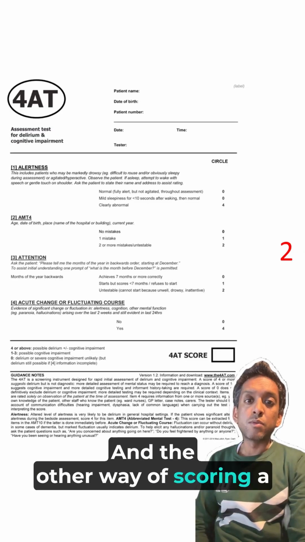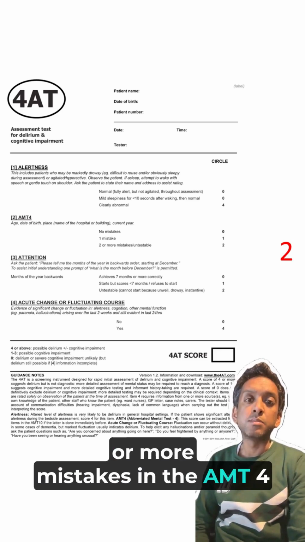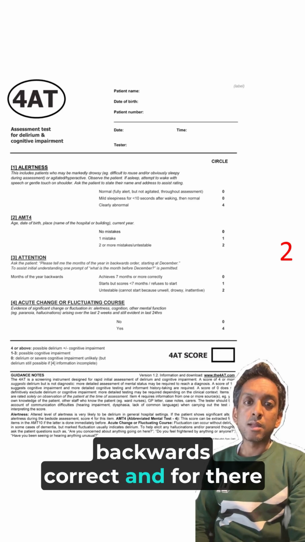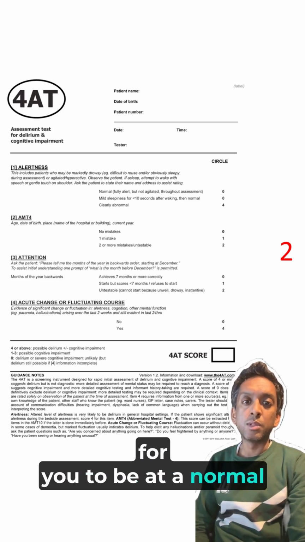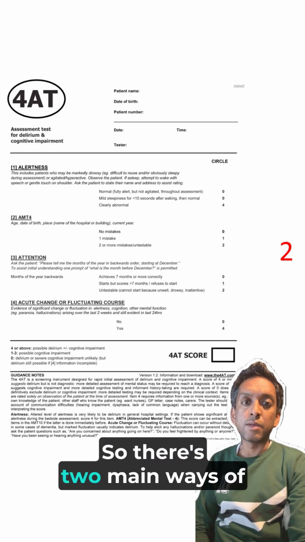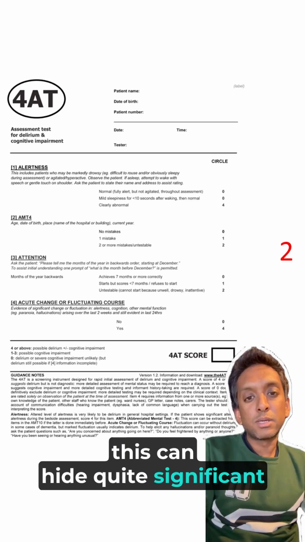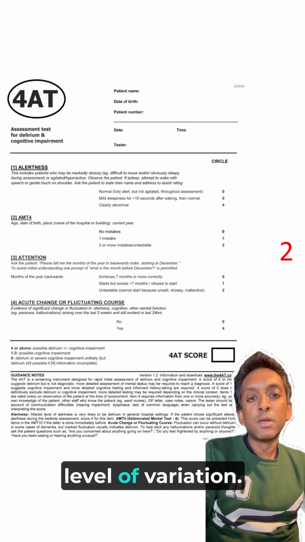And the other way of scoring a 4AT of 2 would be to make 2 or more mistakes in the AMT4, but get the months of the year backwards correct, and for there not to be an acute change, and for you to be at a normal level of alertness. So there's 2 main ways of scoring a 4AT of 2. And this can hide quite significant levels of memory impairment in some people. And again, there's a wide level of variation.